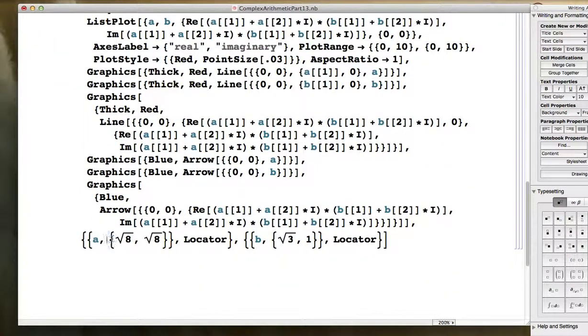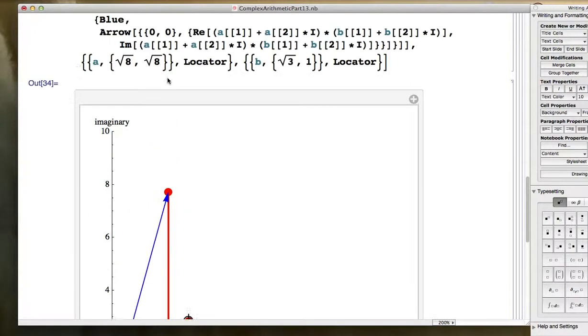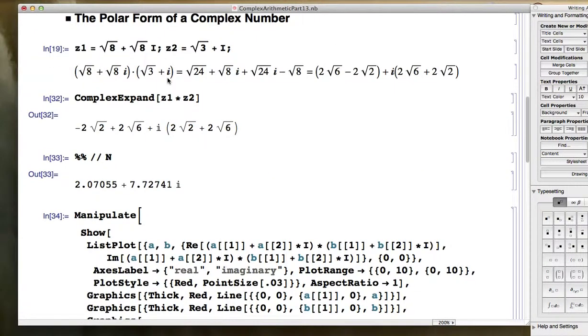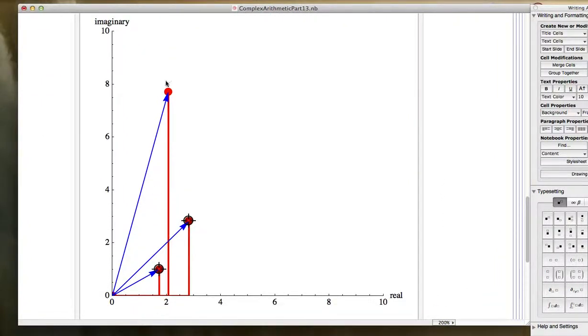I'm starting my locator points at the numbers that I'm multiplying, square root of 8 plus square root of 8 times I, and square root of 3 plus I. See it in here, so here's square root of 8 plus square root of 8i, and down here is square root of 3 plus I, and up here is the product that was about 2.07 plus 7.73i. 2.07 plus 7.73i is the product.